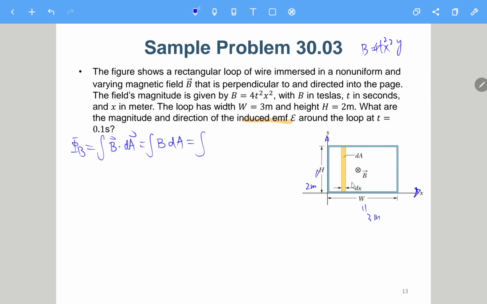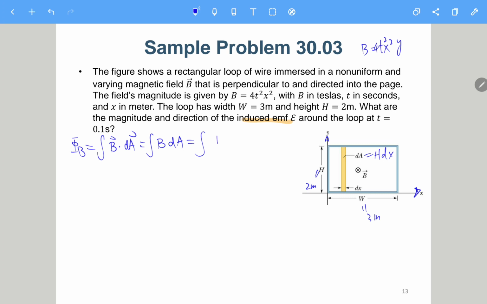To make it simple, for this dA, let's see what the area is. The height is h, the width is dx, so dA should be h times dx, the area of a rectangle.